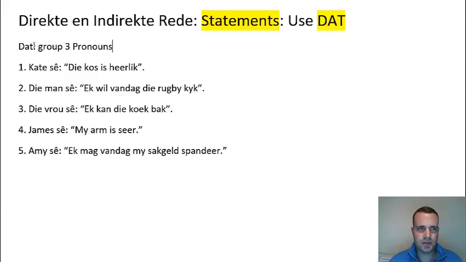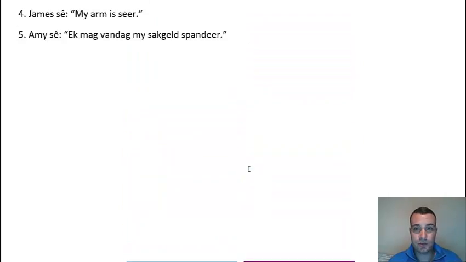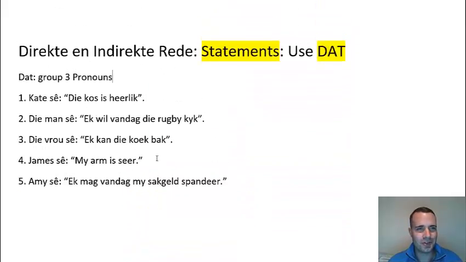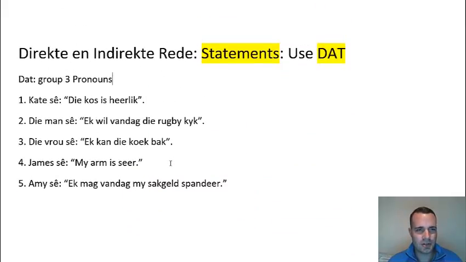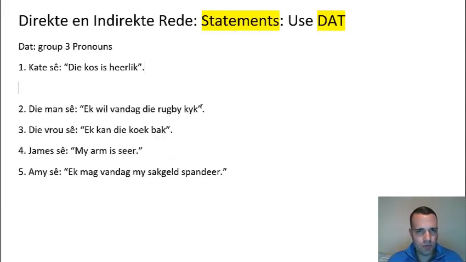And if you struggle with pronouns, there is a section in both these books on pronouns just to help you sort them out, and they can be tricky. We'll see now in our examples, they can become quite difficult. And when we look at questions, you'll see how the pronouns can get quite tricky.